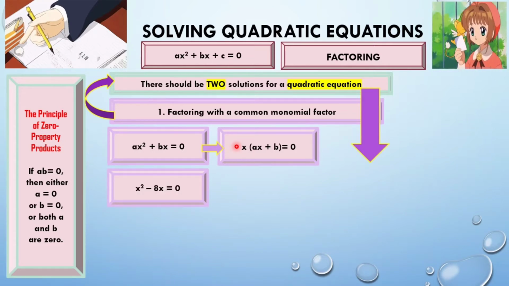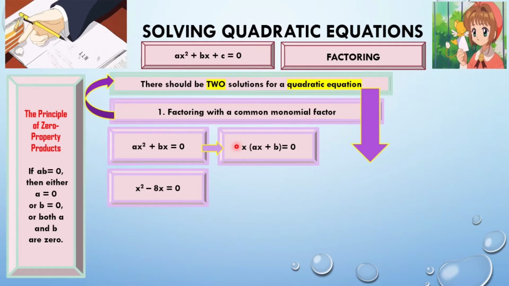So let us have the first example. For example, we are given x squared minus 8x is equal to 0. So how do we factor that out?